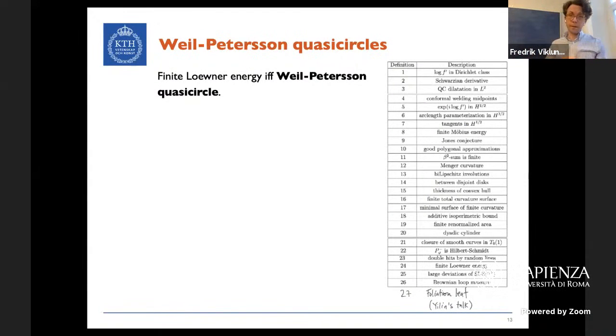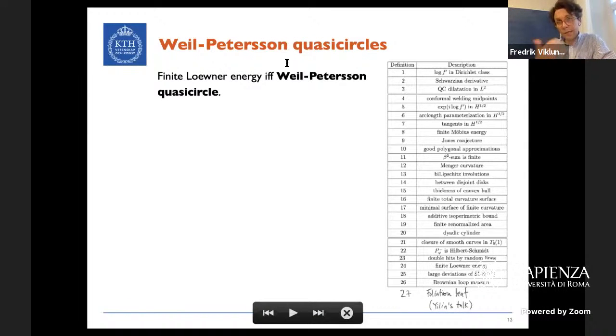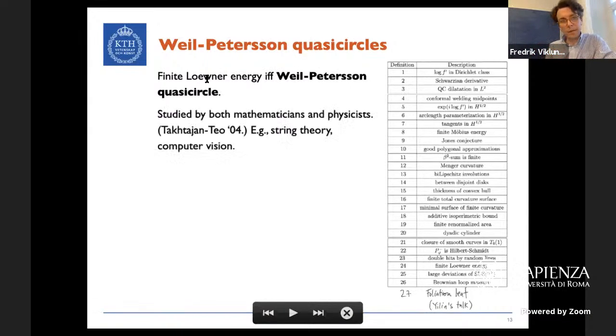And with this definition of Loewner energy, which was also discovered by Yilin, it turns out that this class of loops with finite Loewner energy is actually the same as something called the class of Weil-Petersson quasi-circles. So this class of quasi-circles, or class of Jordan curves, if you want, has been studied both by mathematicians and physicists for a while, actually.